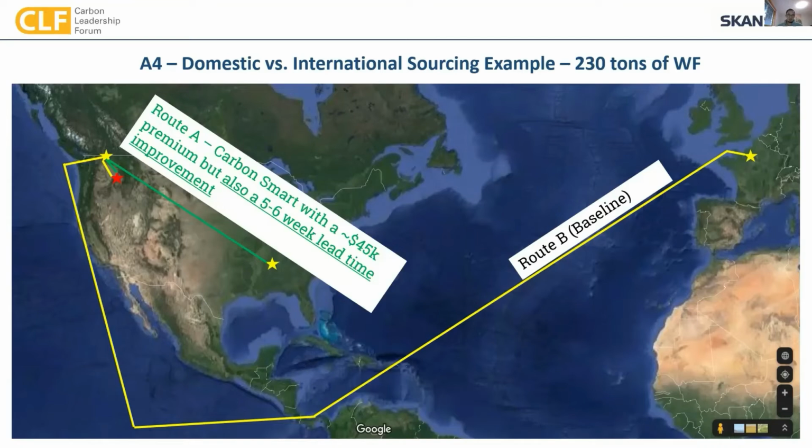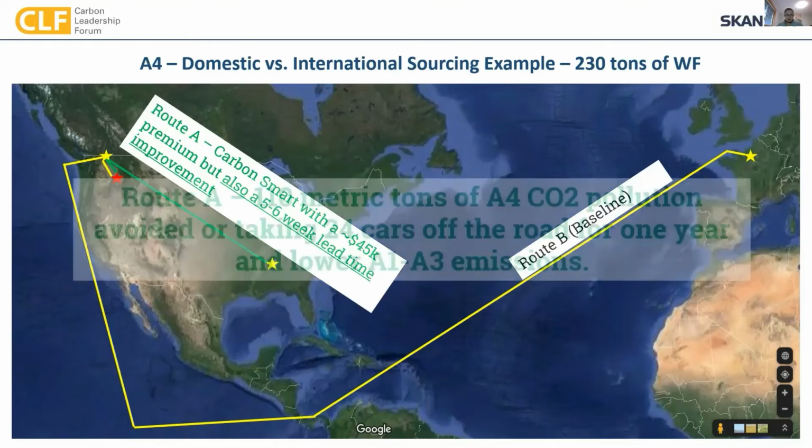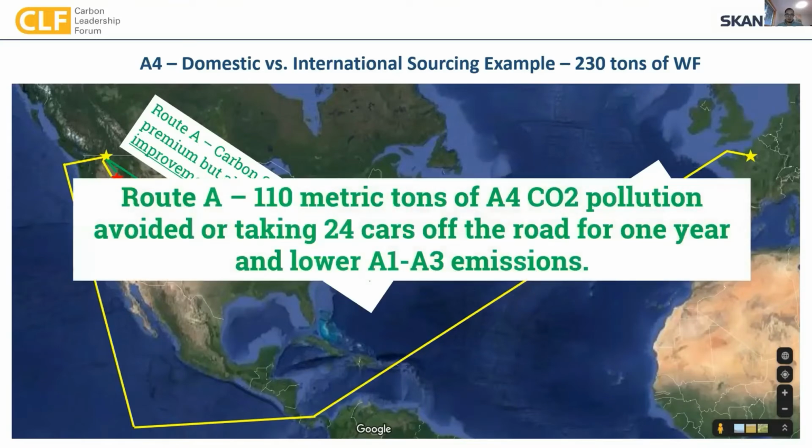This is another good example of how, with sustainability, if we can find a way to communicate improvements outside of just carbon, it helps our case. If we can frame it as risk management, that will get a lot more decision makers' attention than just saying, oh, we're going to reduce 110 metric tons of carbon pollution, which obviously is important, but not everyone speaks that language.